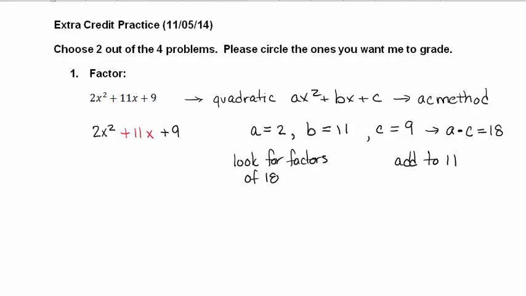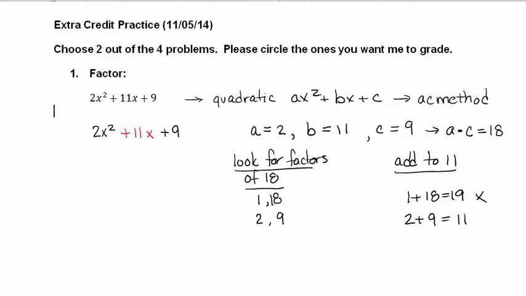We need a positive 18, and if it doesn't jump out right at you, let's just start off with 1 and 18. Well, 1 plus 18 equals 19, right? So that doesn't work. So let's try 2. 2 and 9 are factors, and 2 plus 9 give me 11, right? So these two factors work.